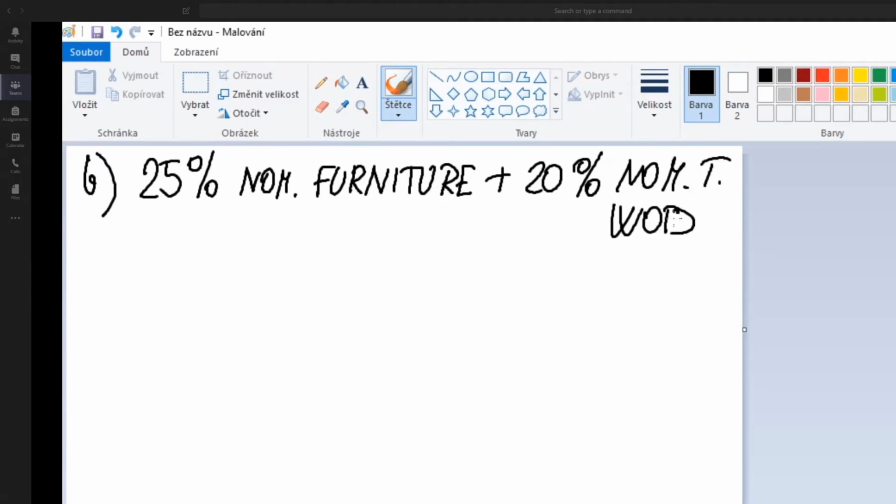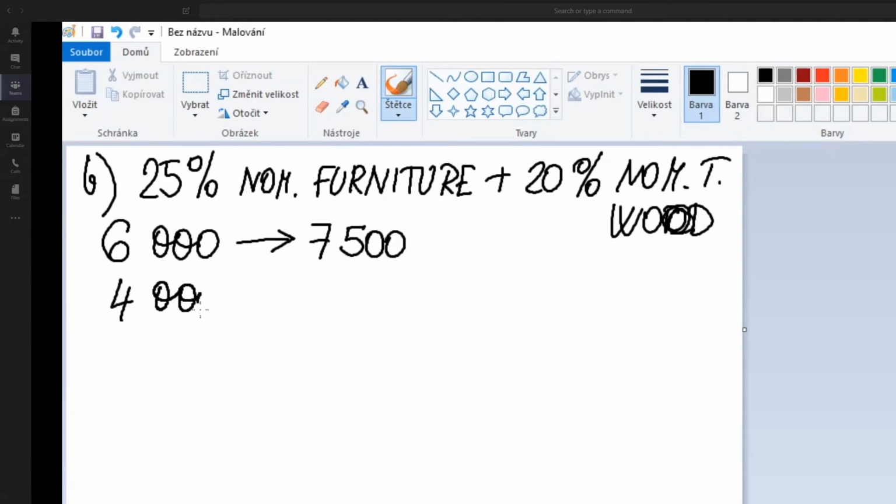So what does it mean? It means that, again, the world price of the table is 6,000, but in this small economy, because of the tariff imposition, it's 7,500.